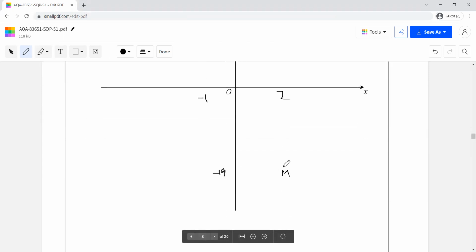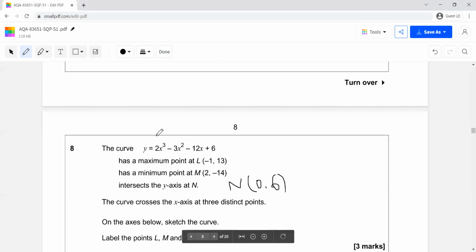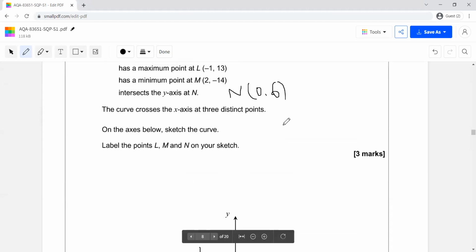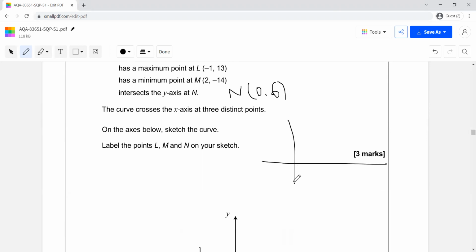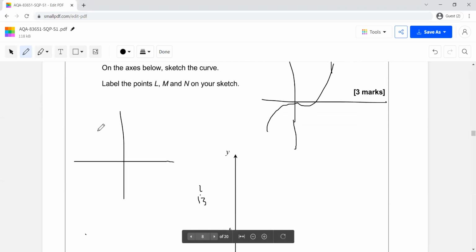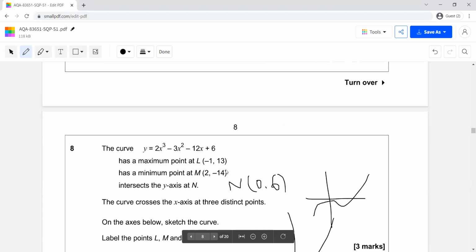Now, this is a positive cubic graph, and we know that cubic graphs usually look something like this. Or if they pass this, and negative looks like this. So if we got 2x cubed minus 3x squared minus 12x plus 6, it will look something like this.